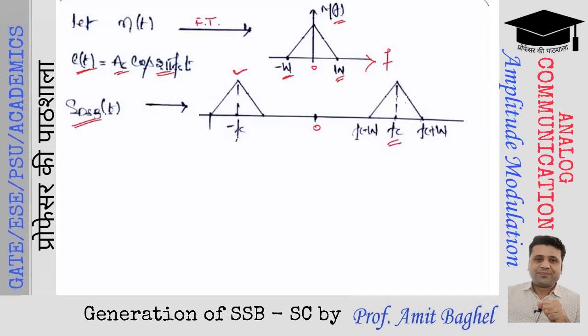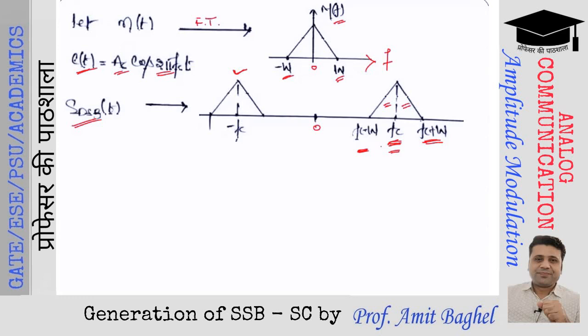So we have two sidebands here, upper sideband as well as lower sideband. Upper sideband ranges from fc to fc plus W, and lower sideband ranges from fc to fc minus W. And the same spectrum will be observed at the negative frequencies as well. This is the DSBSC signal.